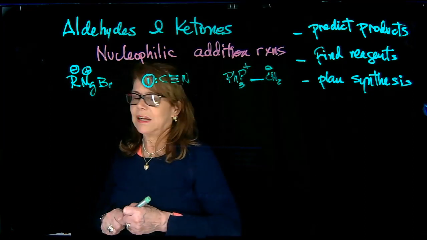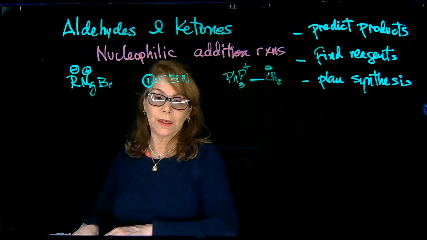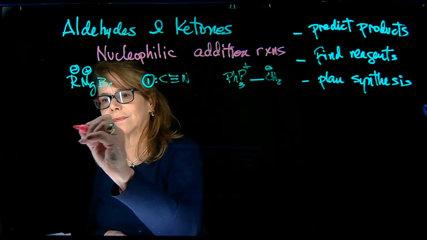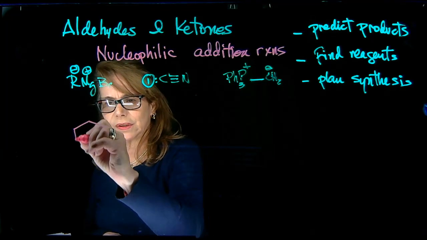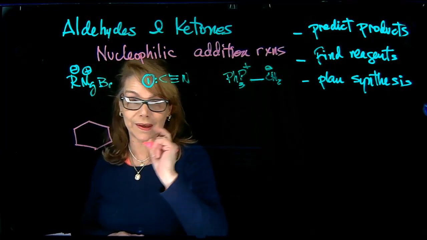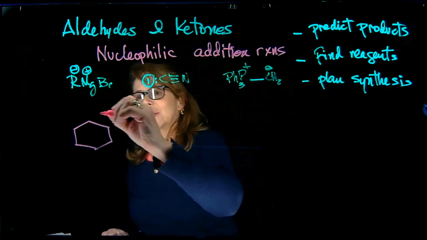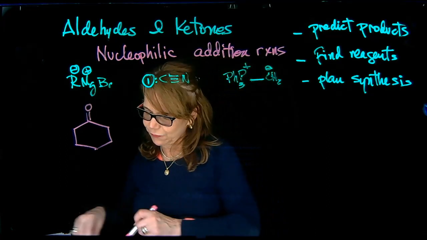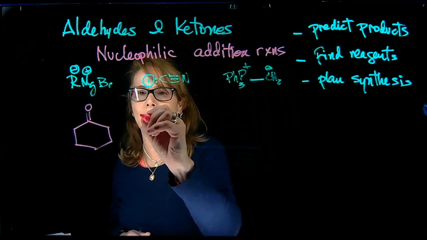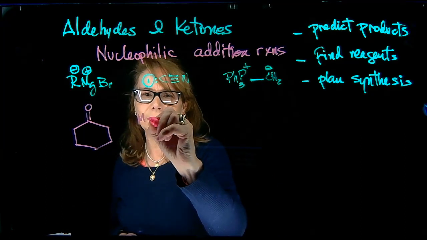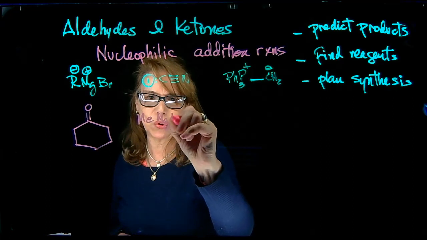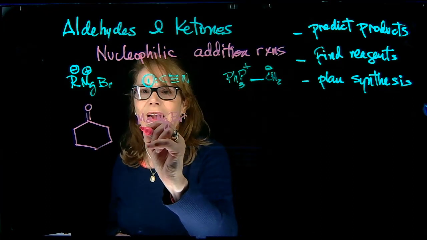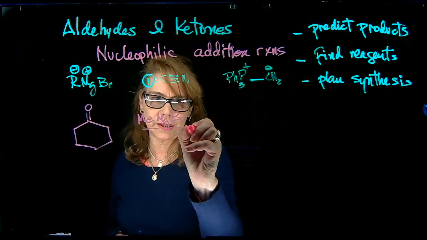Now let's start with a ketone that is symmetrical. And here we're going to do a little bit of a parallel with the hydrides. This is cyclohexanone. And if I make this react with methyl magnesium bromide, that's a Grignard, right? And that'll be dry ether.